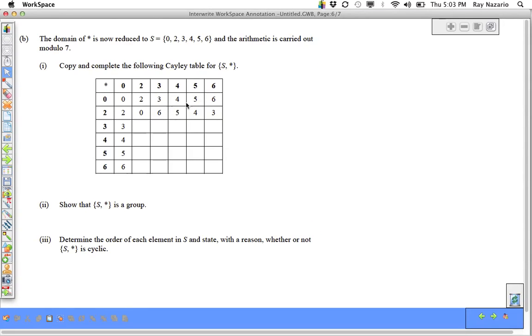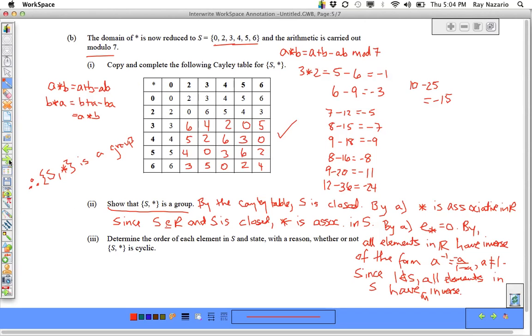Alright, oh that stinks because I don't have all of my elements filled in. I'm just going to go ahead and fill them in. Try to do this quickly.